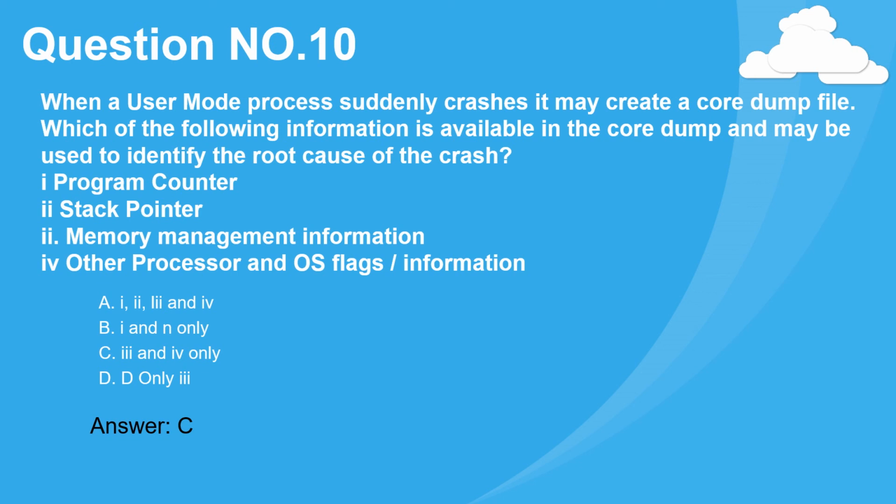Memory management information. IV. Other processor and OS flags information. A. I, II, III and IV. B. I and II only. C. III and IV only. D. II only. Answer C.